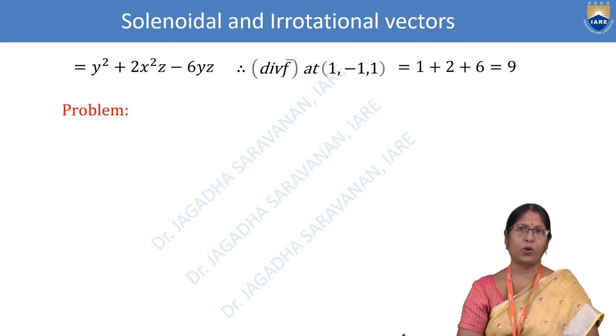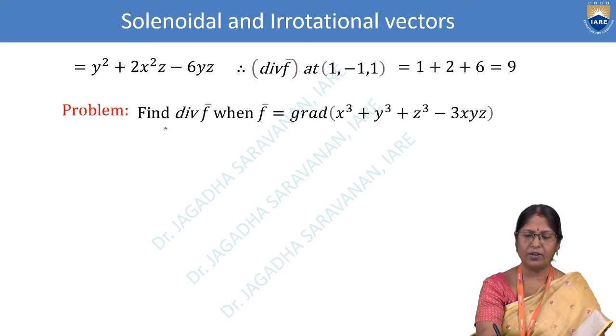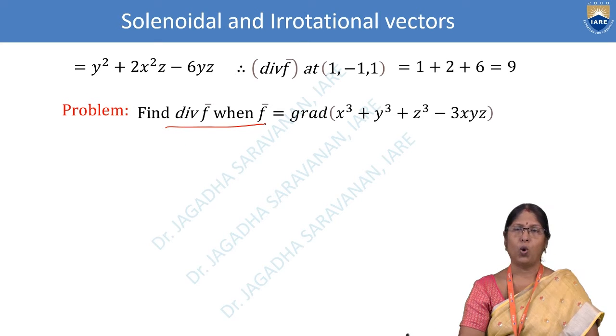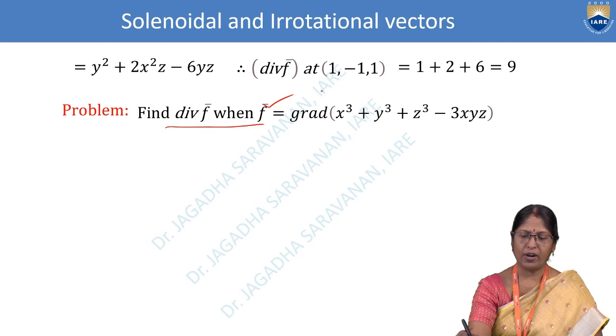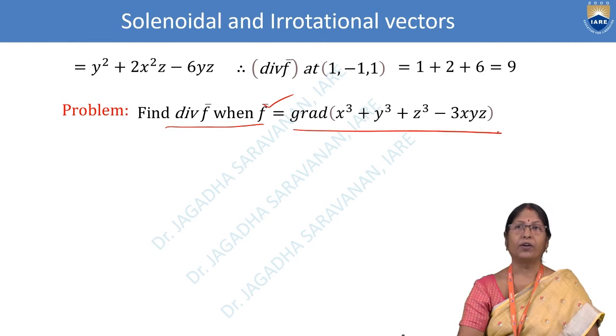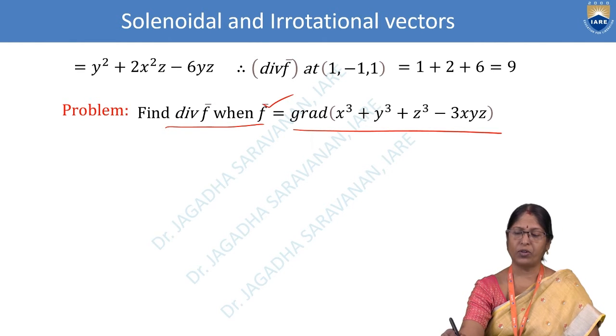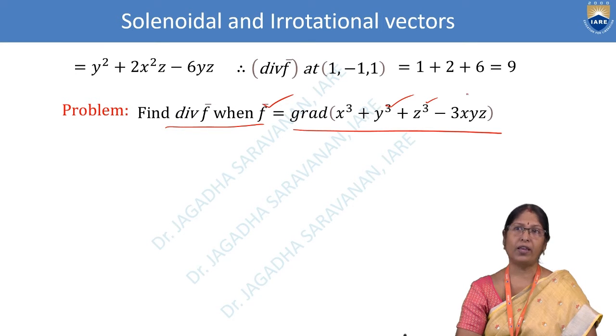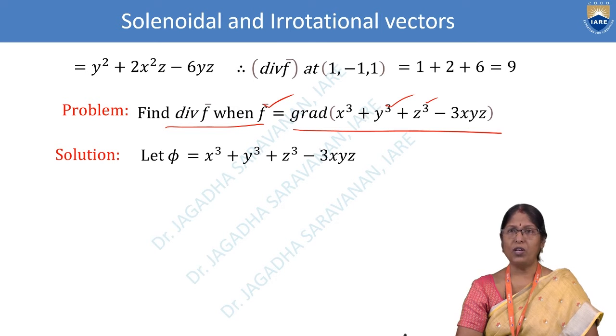Now the second problem: find divergent f when vector f is given as gradient of x cube plus y cube plus z cube minus 3xyz. The solution we will concentrate on now.